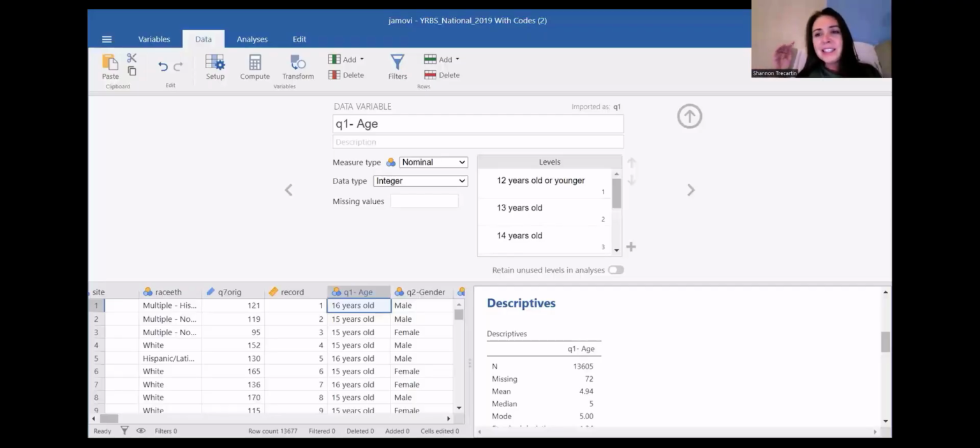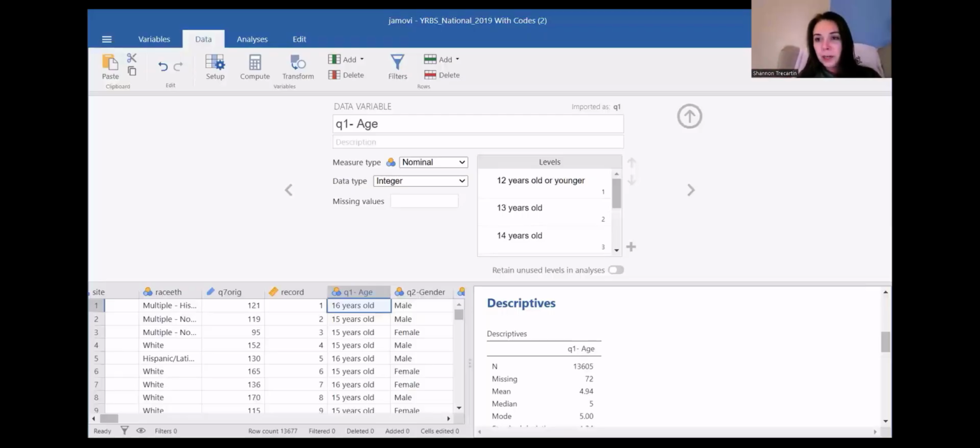So this is not a true numerical variable. This is not interval. That's the word I'm looking for. This is ordered categories. So this is an ordinal variable.